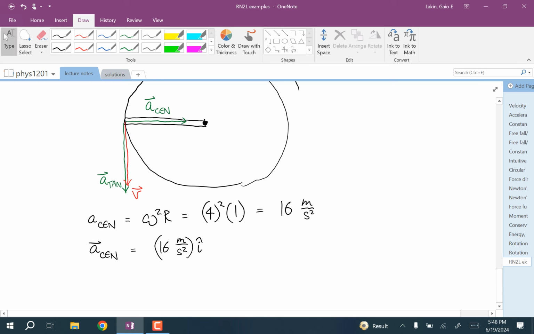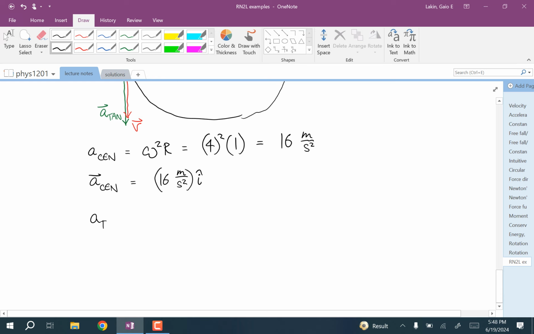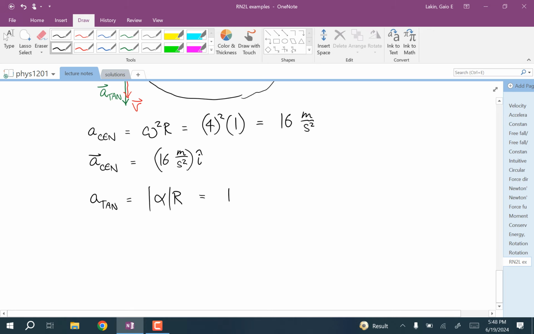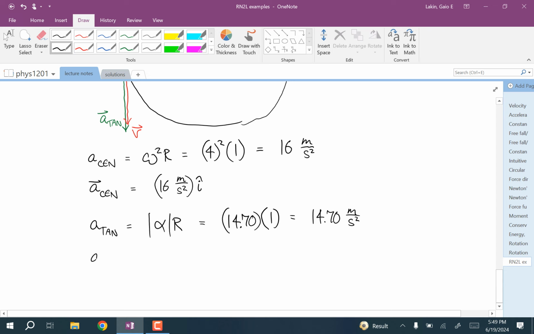And then the tangential acceleration magnitude is the absolute value of the angular acceleration times r. So that is the 14.70 that we just calculated times the radius of this circular path, 1. And so this is 14.70 meters per second squared. It's in the negative j direction.